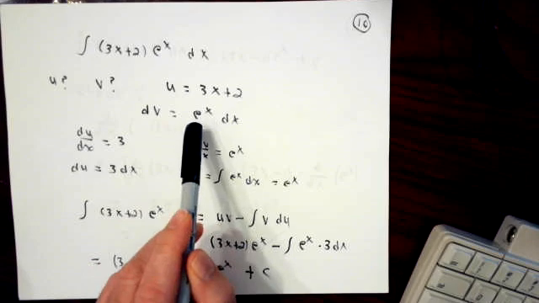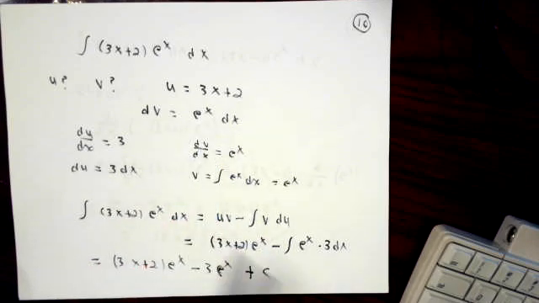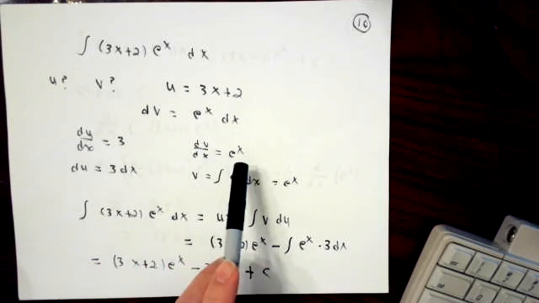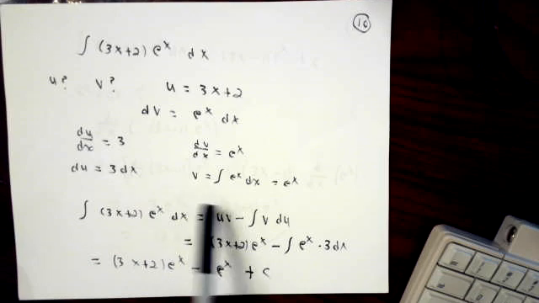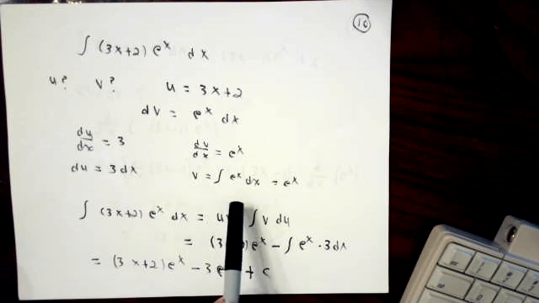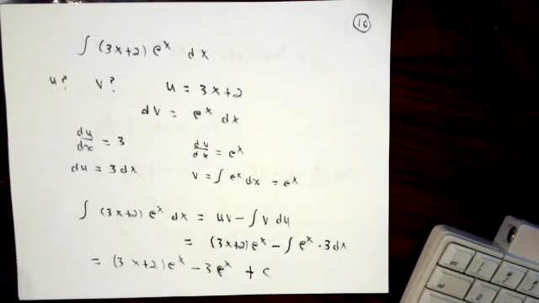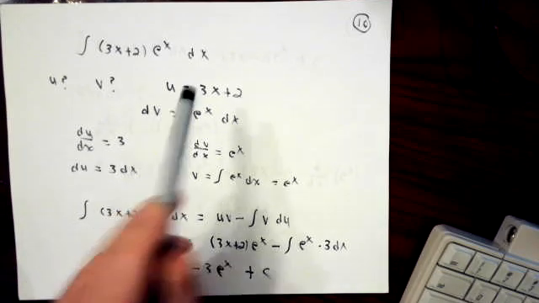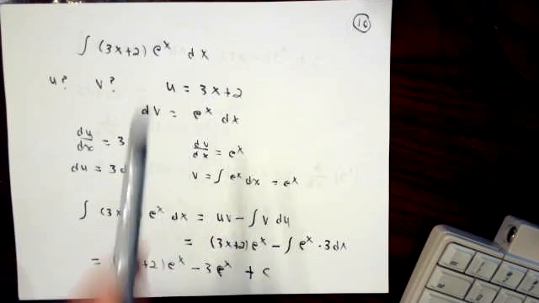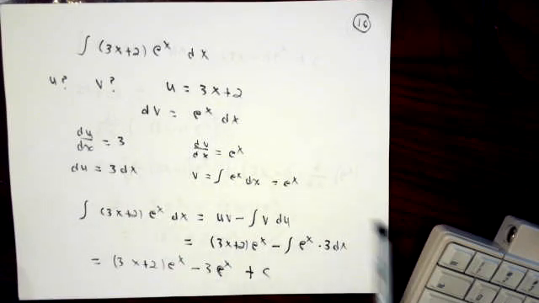dv we picked to be e to the x dx. dv/dx would be e to the x, meaning that v has to be an antiderivative of e to the x. One antiderivative is e to the x. So when I write down u times v, that's going to be 3x plus 2 multiplied by e to the x.